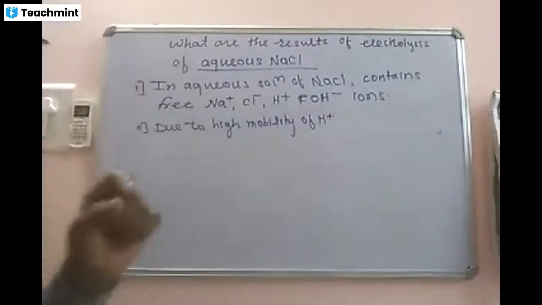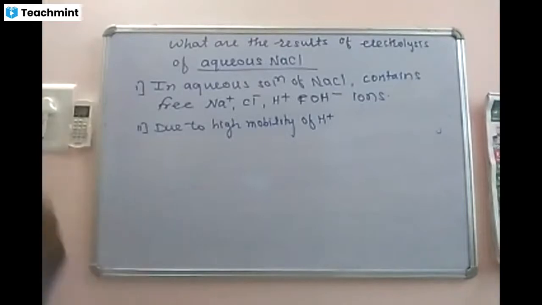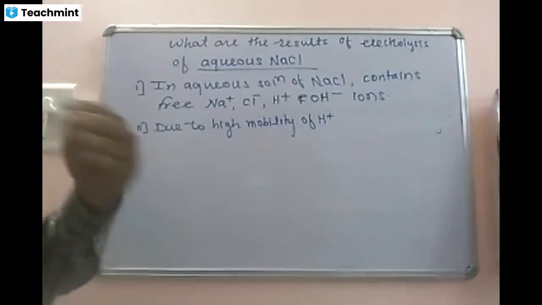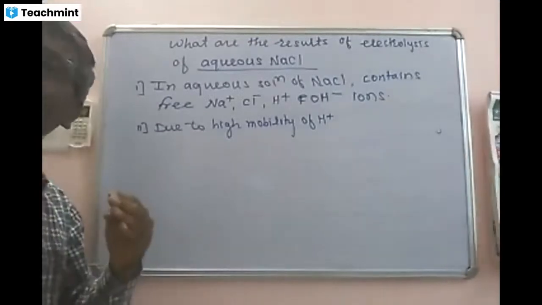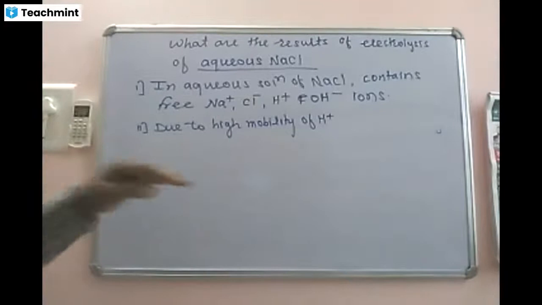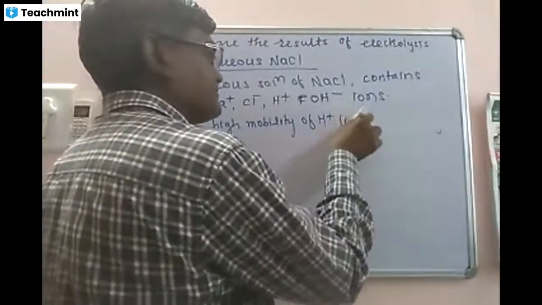H पॉजिटिव आयन जो है साइज में बहुत छोटा है, मास का कंपैरिजन करते वो भी कम होगा, एंड दैट कैन मूव एट अ फास्टर रेट. It can move at a faster rate as compared to Na positive due to high mobility of H positive ions.